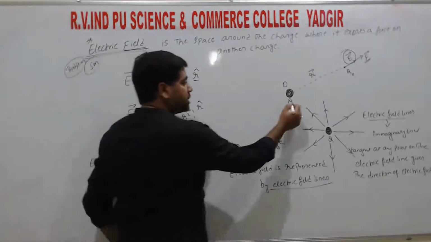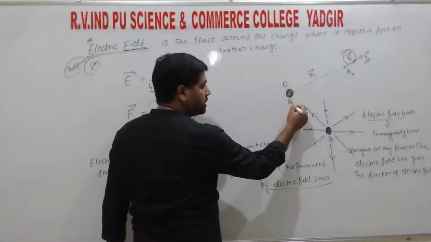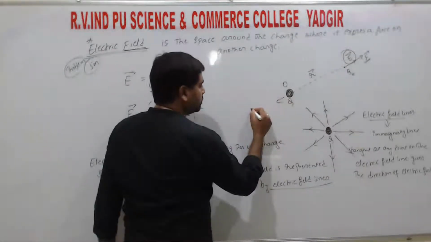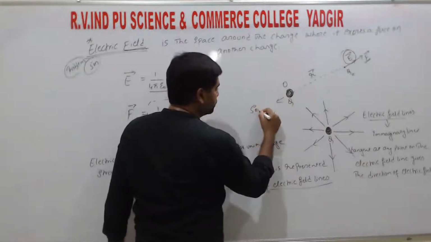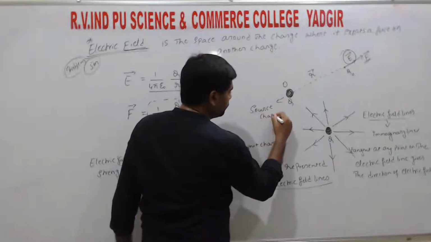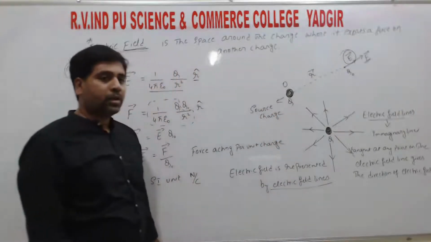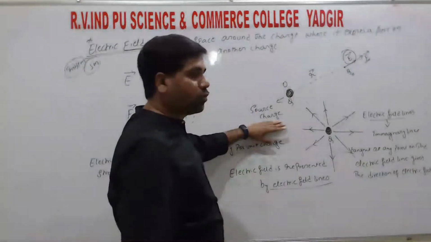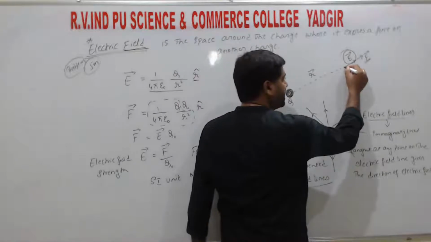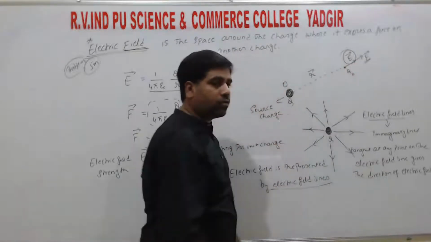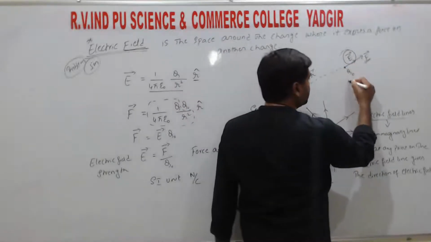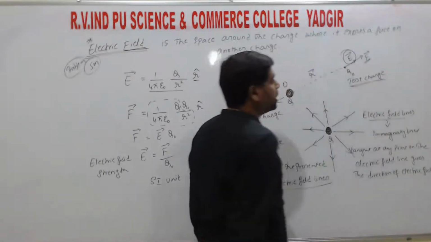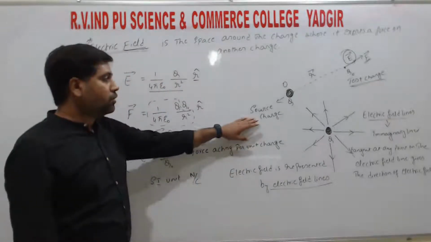Here the charge Q exerts the electric field, so we call it the source charge. The charge which tests the source charge, we call the test charge. So here Q naught is the test charge and Q is the source charge, right?